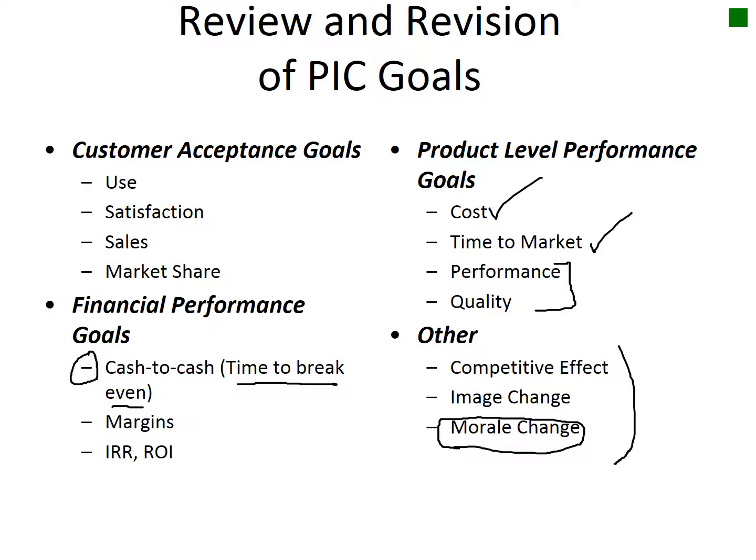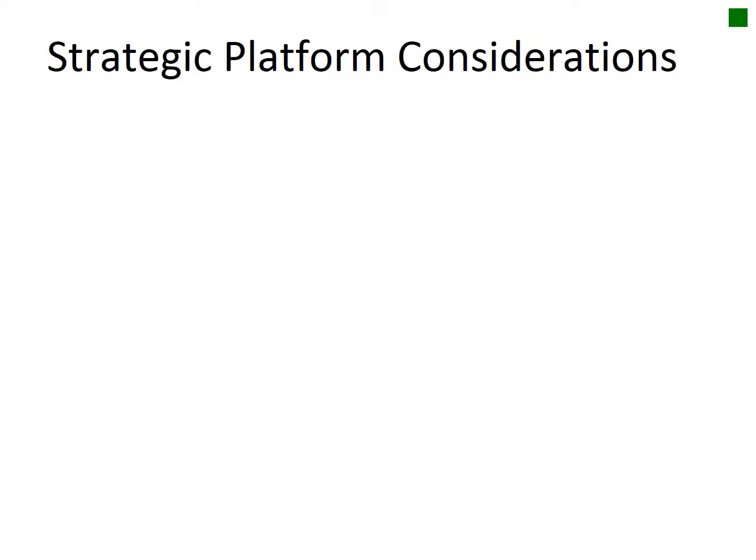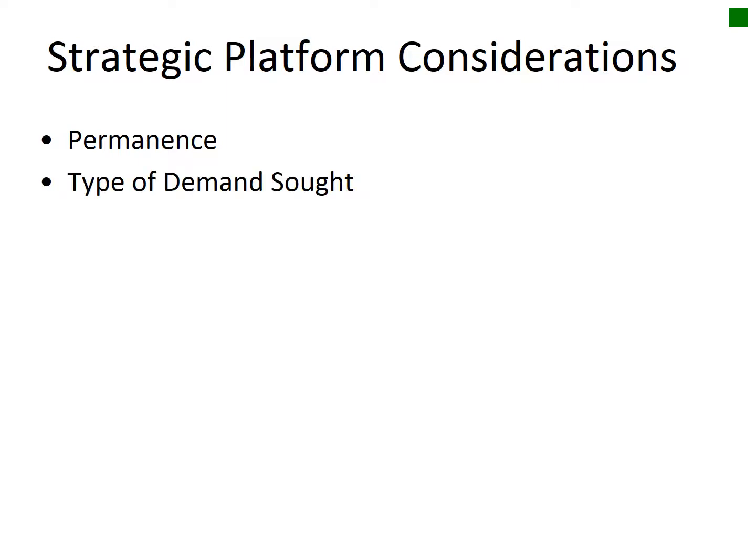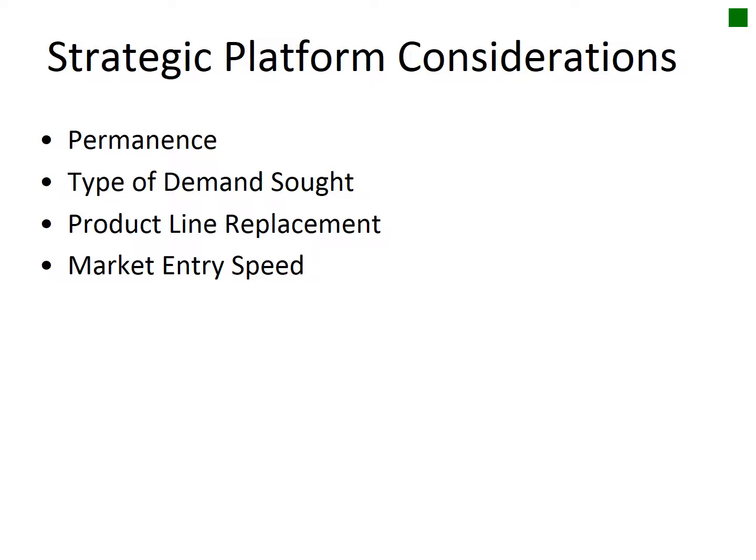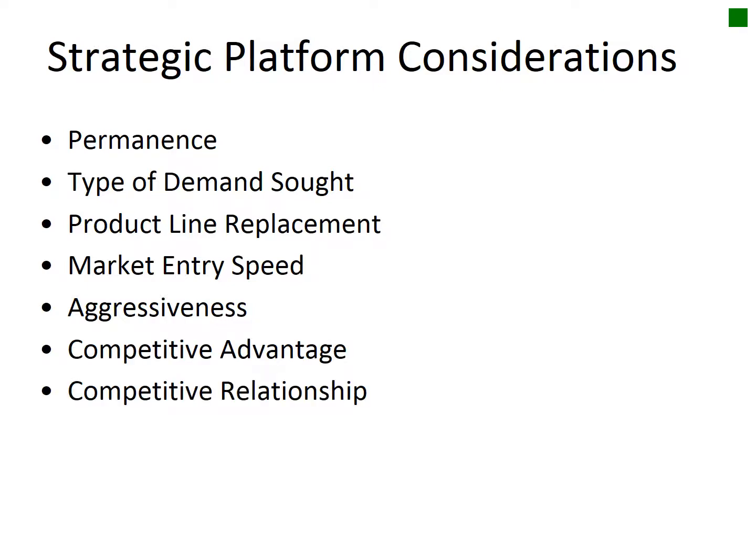Some other considerations that are happening in a strategic sense at this point deal with things called permanence, what type of demand we're going to try to satisfy, how we're going to replace a potential product if that's something that we're doing, market entry speed, how aggressive we're going to be in the marketplace, competitive issues in terms of how this new product will work for us, and then again a branding issue, thinking about how we can utilize this new product to reinforce our current brand or image that we have developed for ourselves.